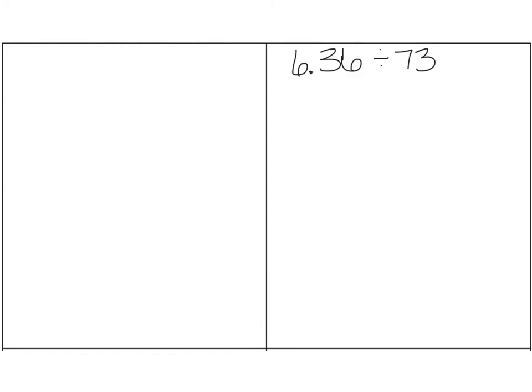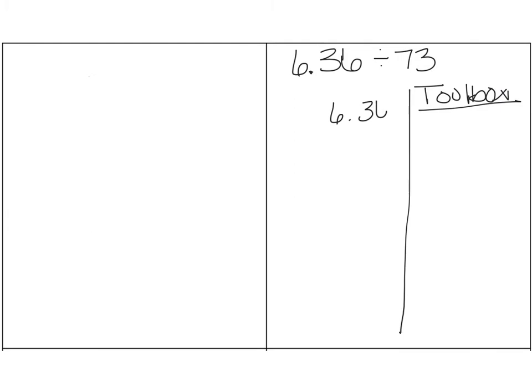So our next quotient is 6 and 36/100 divided by 73. The first thing I'm going to do is create my toolbox. And then I'm going to rewrite so I can do my long division. So I need to think 6 divided by 73.